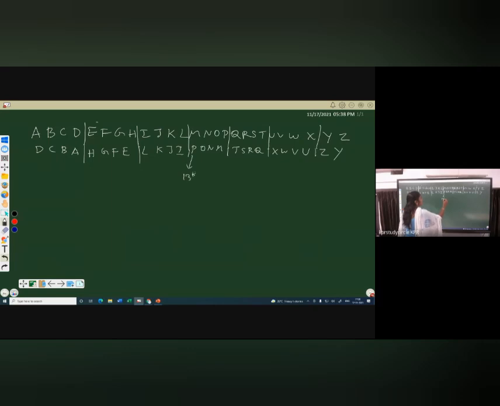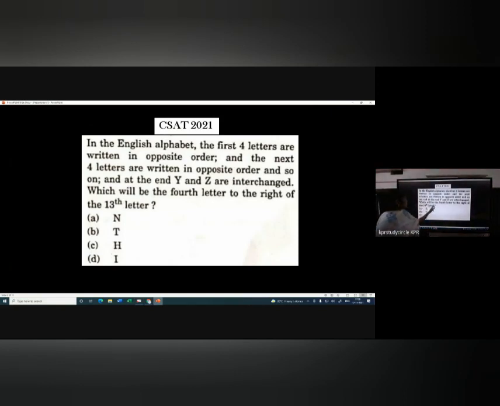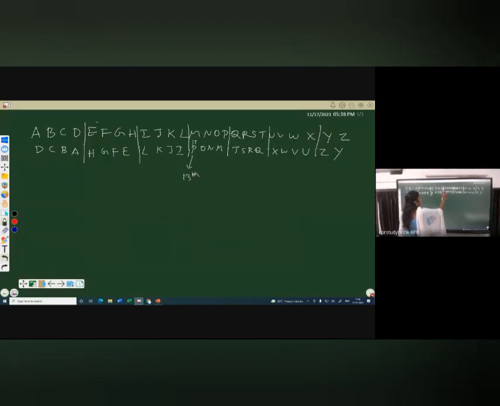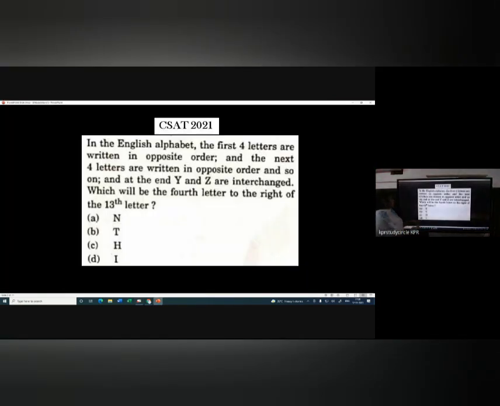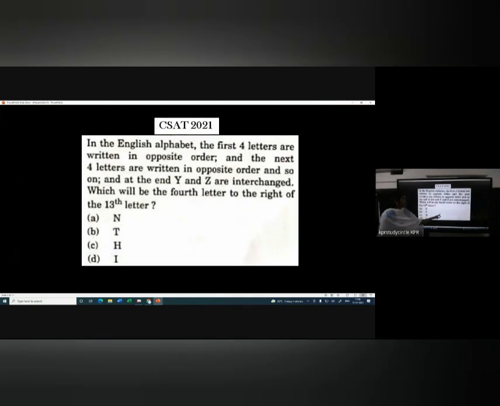Now the 4th letter to the right of the 13th letter: 1, 2, 3, 4. So the answer is T. The answer is option B, T.